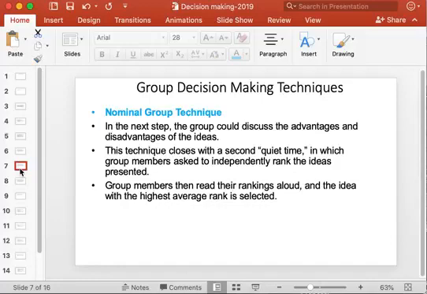Then the next step or the final step is again another quiet time in which group members are asked to independently rank the ideas presented by each member, and the group members are then asked to read their rankings and the idea with the highest average rank is selected.